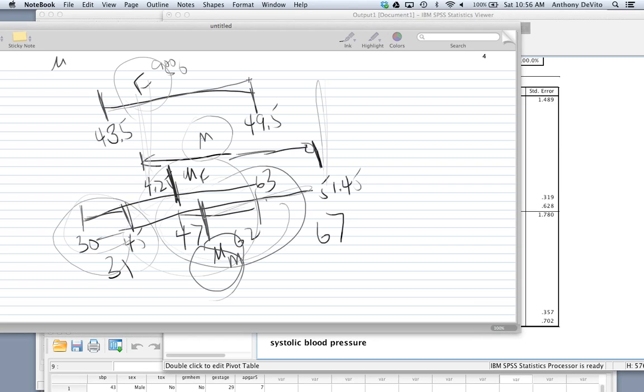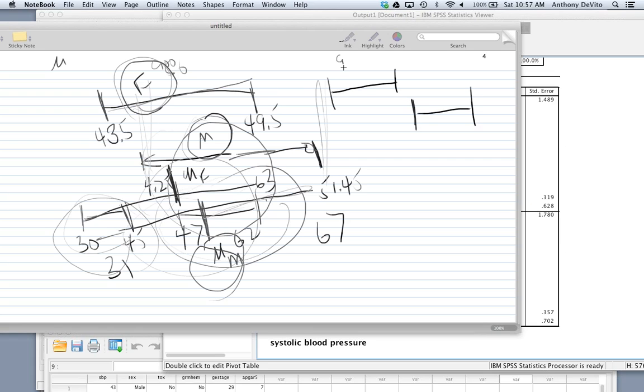So in this case, in order to be able to say with 95% certainty that the mean systolic blood pressure for females in the population and males in the population is different, I have to have confidence intervals that don't overlap. The actual values can overlap, but my mean and my confidence interval for my means can't overlap.